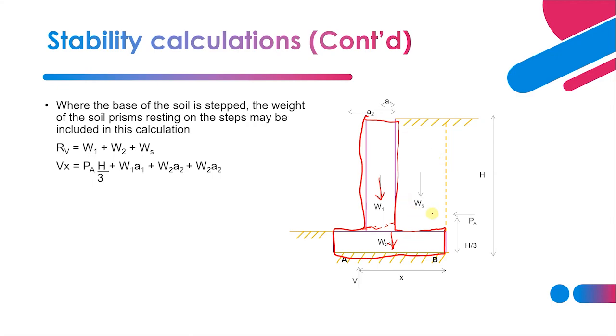Since you have another area dekat sini untuk kira for weight, walaupun dia soil, but this soil actually helps to stabilize the retaining wall sebab berat soil ni dia sit on the base of this retaining wall, so it helps to stabilize. Jadi that's why ada W3 dekat sini. So this is for the step type of retaining wall.